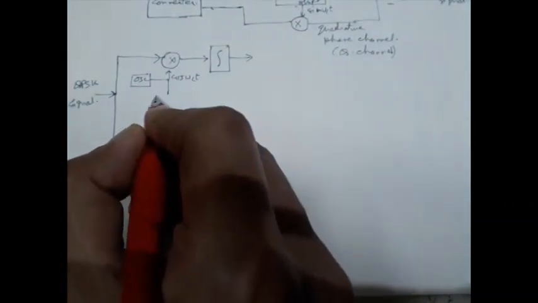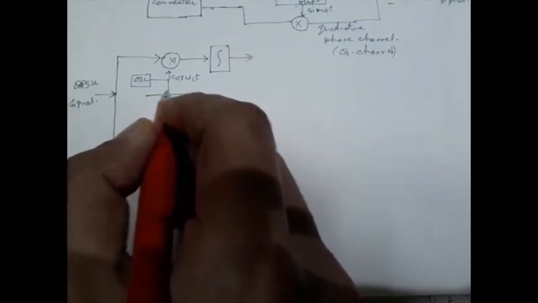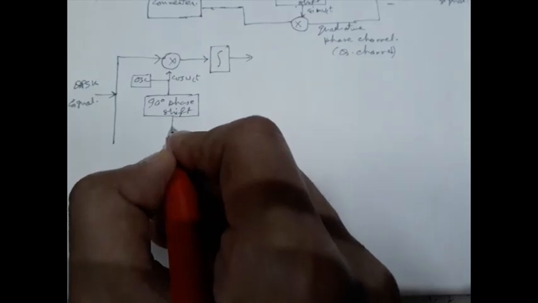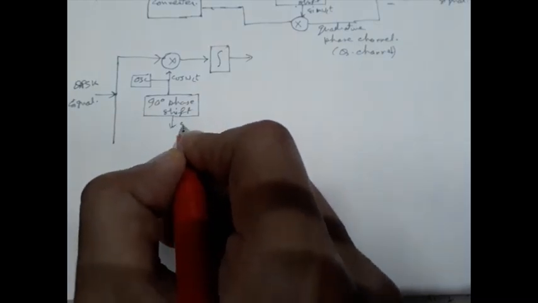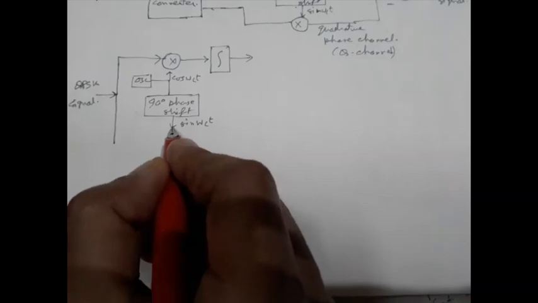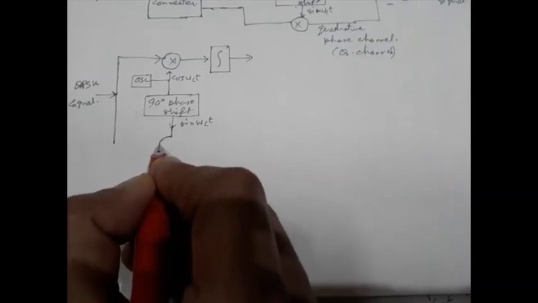This oscillator is generating a cosine function, so we have to convert it into a sine function. So we need a 90-degree phase shifter. This 90-degree phase shifter will change the phase of the carrier by 90 degrees to produce sinusoidal variation, a sine function.